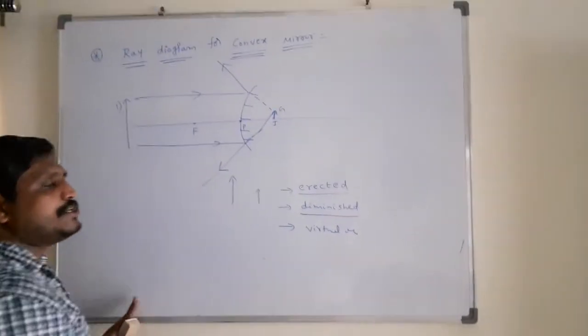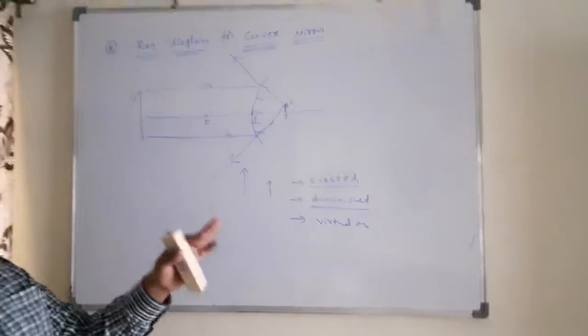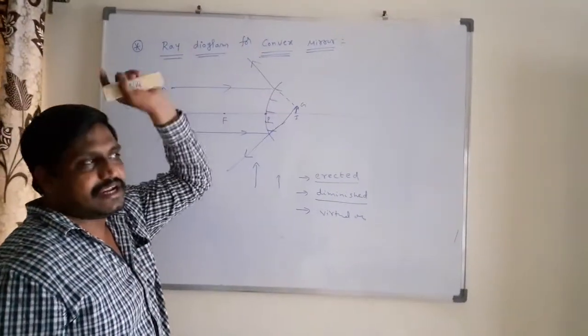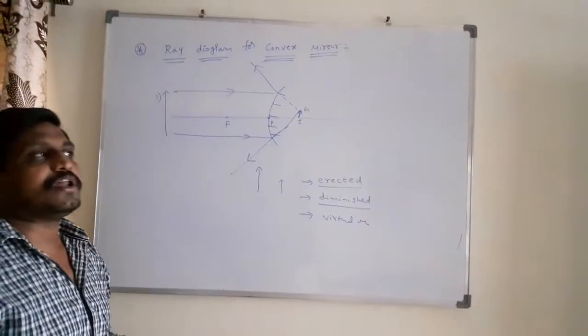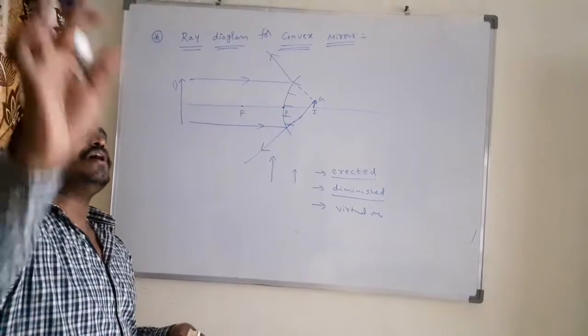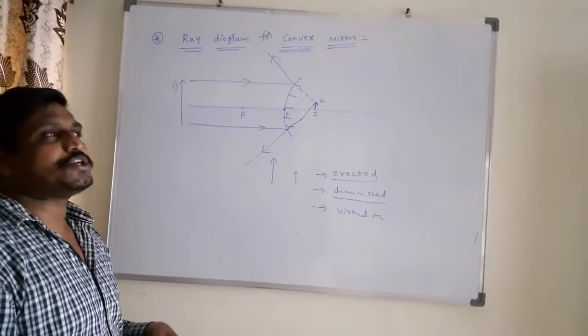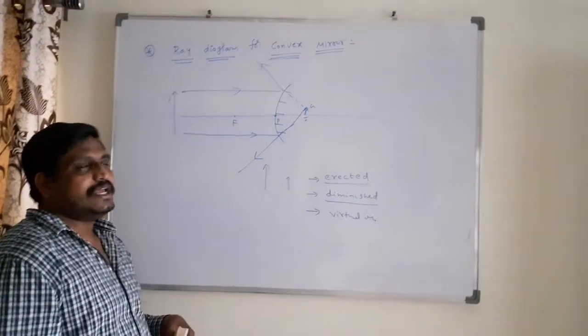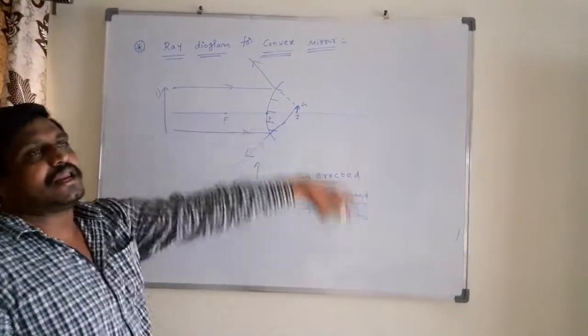And another notice is in this convex mirror, object in left side, image formed on the right side. But in the concave mirror, first 5 positions, object left side, image also left side. But sixth position is object between the pole and focus. The image is formed on the right side.